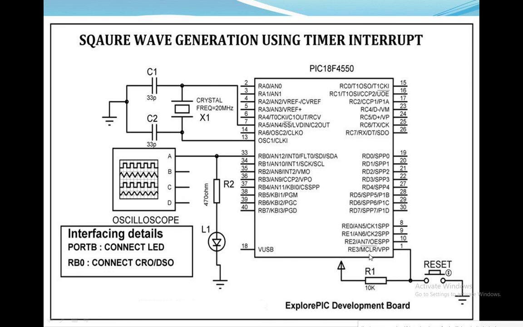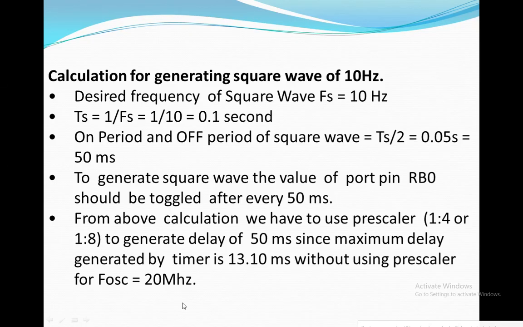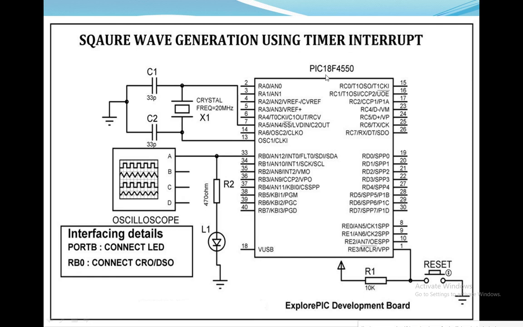So the default signal for the microcontroller is 5 volt. Upon reset, the microcontroller gets an active low signal, that is, this pin is grounded. So this is the circuit diagram for the PIC18F4550 to generate a square wave by using the timer interrupt.